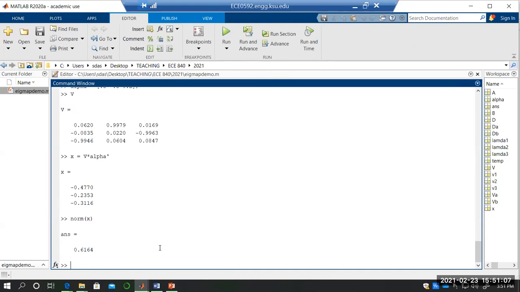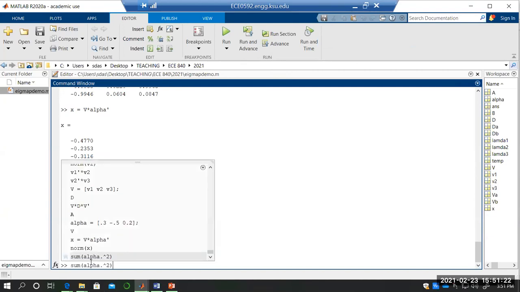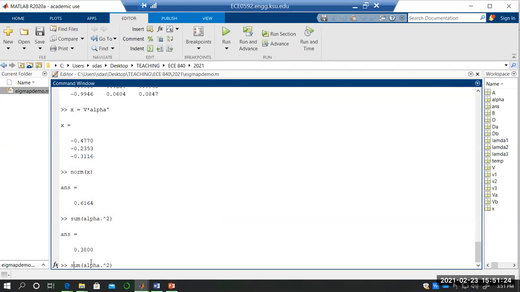Or let's do sum alpha, square root of that. 0.6164, right? Which is the same as the norm of x.